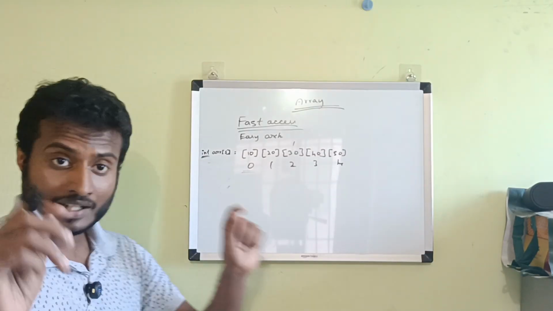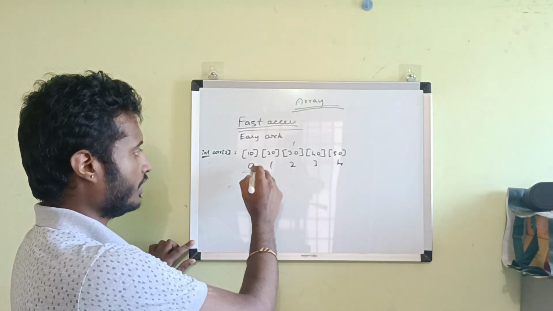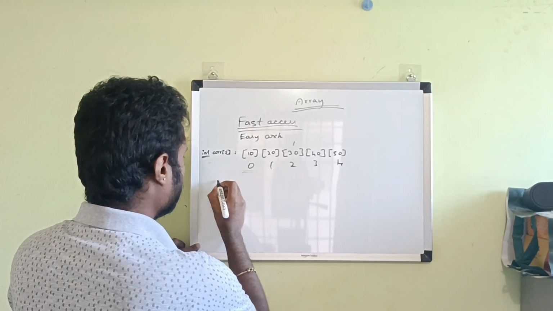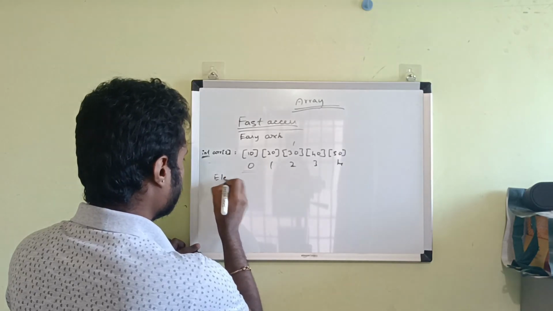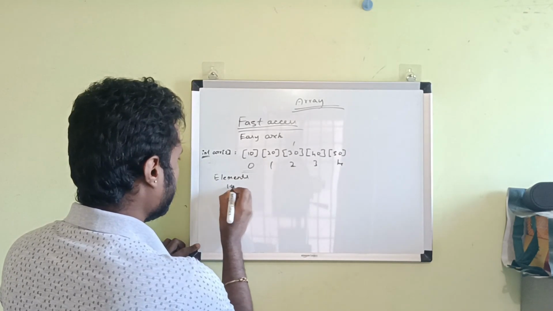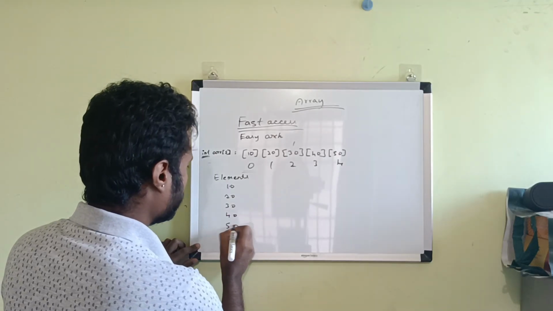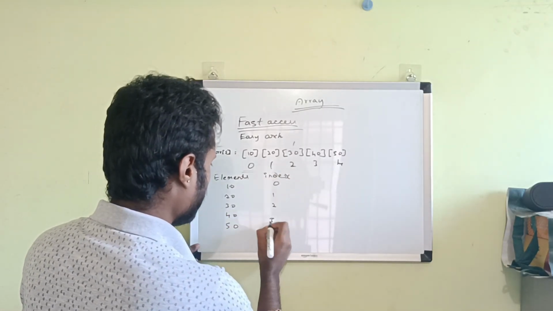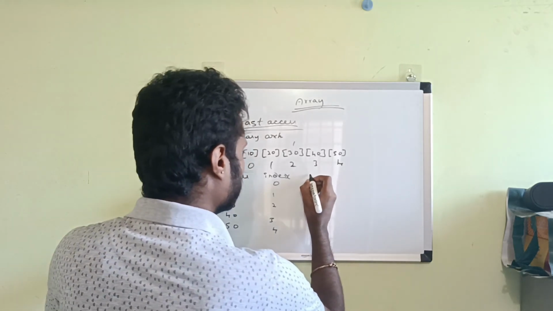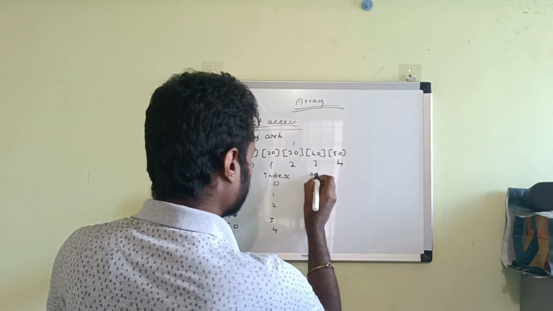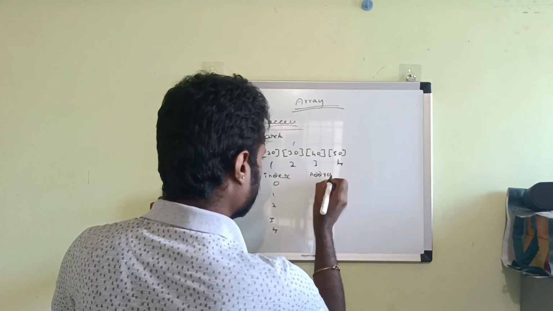So inside the computer, it is stored like this, for example. Now the elements: 10, 20, 30, 40, 50. Now the index: 0, 1, 2, 3, 4. And the address, this is important.